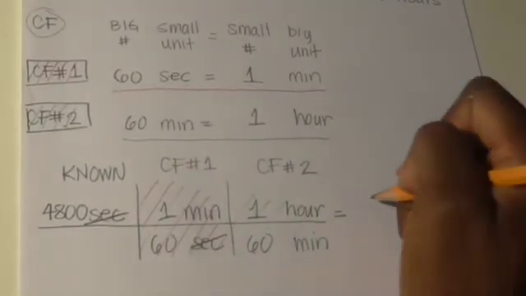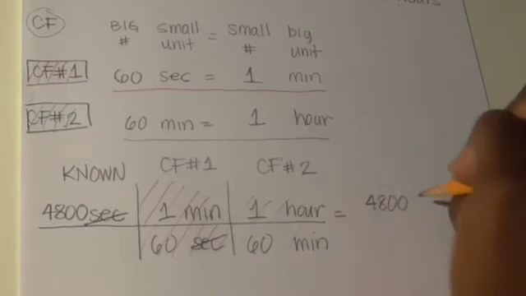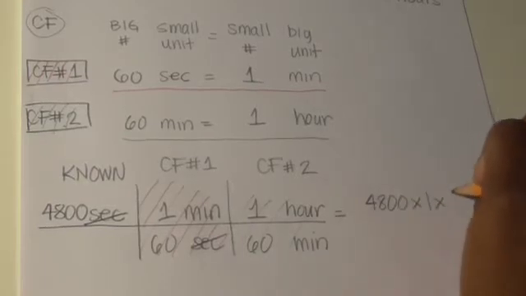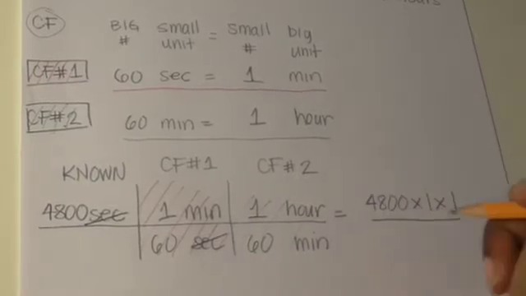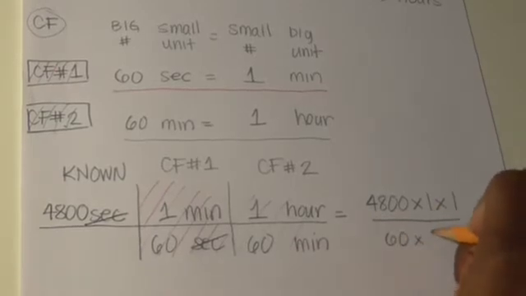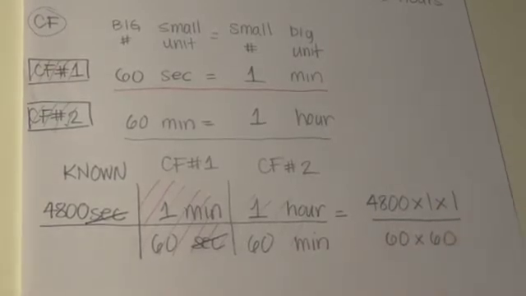So our math winds up being 4,800 times 1 over 60 times 1 over 60. And I often ask the question, does it even matter that I write the 1 times the 1? Absolutely not. But for some people, that's going to make a big difference. So pause right here.